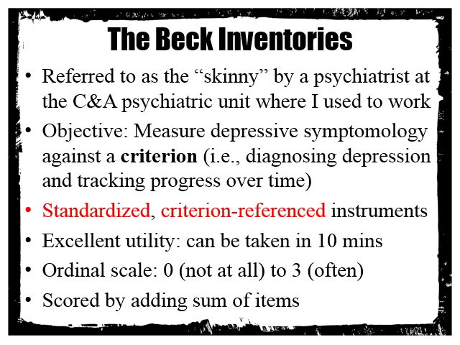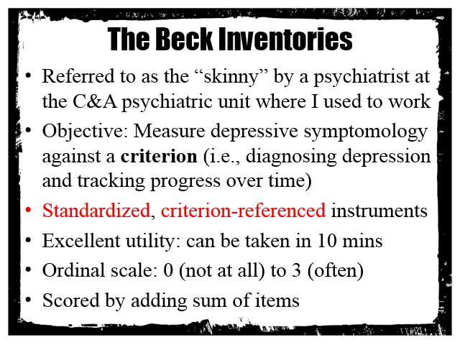The Beck inventories are probably one of the more famous and well-known symptom checklists that exist currently. The objective of the Beck inventories, for example the Beck Depression Inventory, is to measure depressive symptomology against a criterion.